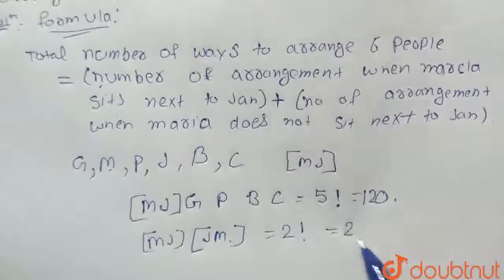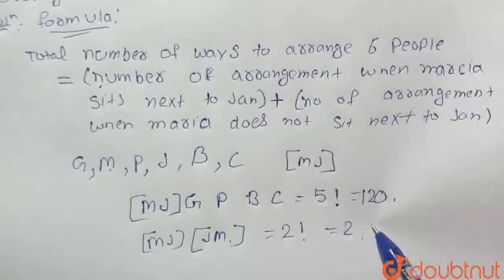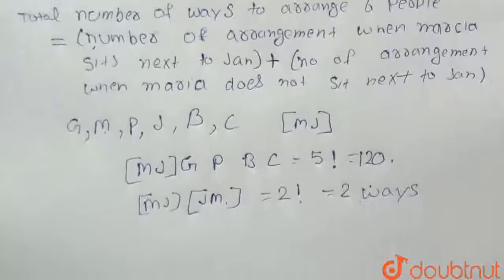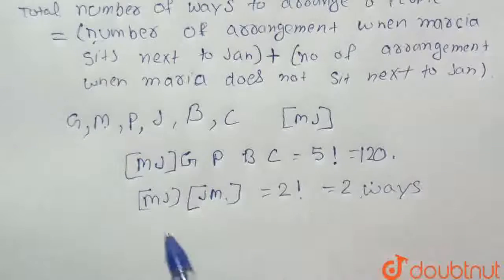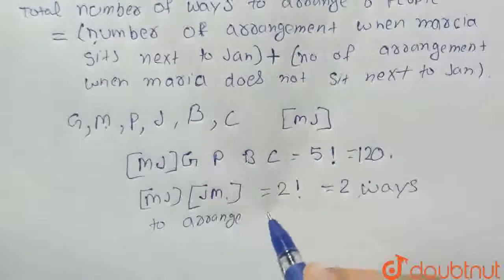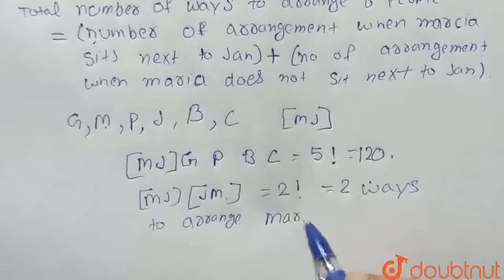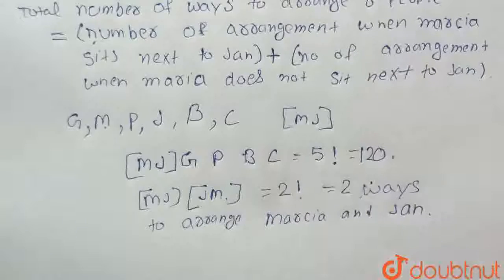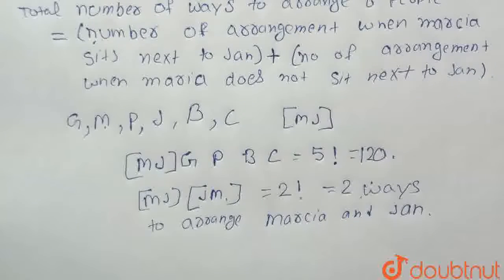So there are 2 ways to arrange Marcia and Jan. So therefore, the total number of seating arrangements is how much?